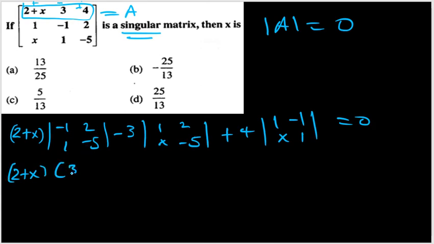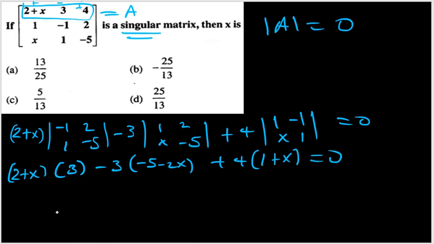Therefore 2 plus x, which is equal to 0, 2 plus x will be multiplied with 5 minus 2, which is 3. I have to do this one diagonally, and minus 3 times negative 5 minus 2x, and then plus 4 times, again here, 1 minus negative x will be 1 plus x, which is equal to 0. So let us finish it.